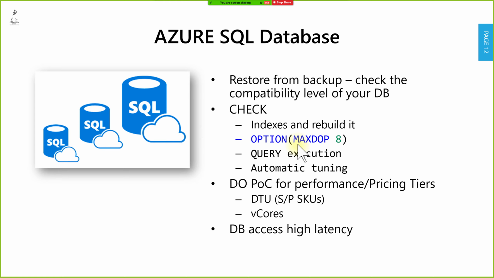By default, Azure SQL database uses MaxDop 0. Microsoft says that MaxDop 0 means that SQL database will use all available vCPU. Right now, Microsoft says that if you have some issue with performance, please use MaxDop 6 inside your request with the MaxDop option command.